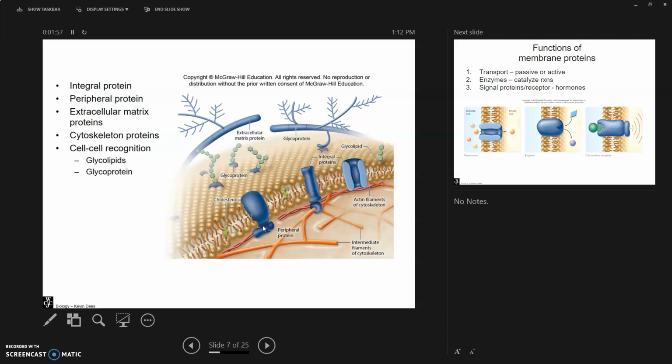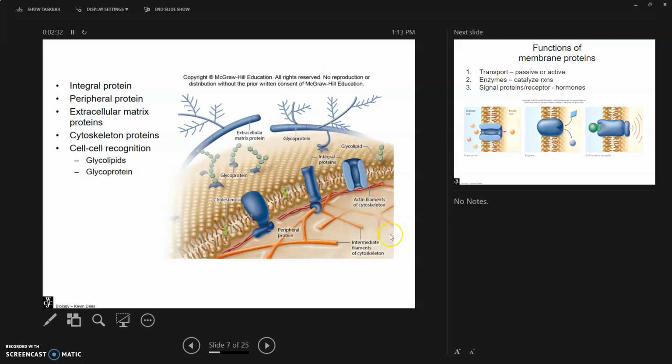Now, just to orient you on this, remember that the space outside of the cell is called the extracellular space, and then here we have the space in the cytoplasm, or the intracellular space. Notice that, especially in animal tissue, there are these extracellular matrix proteins that we often find associated with integral proteins, to help give animal tissue its shape. But these extracellular proteins are often just free-floating out here.